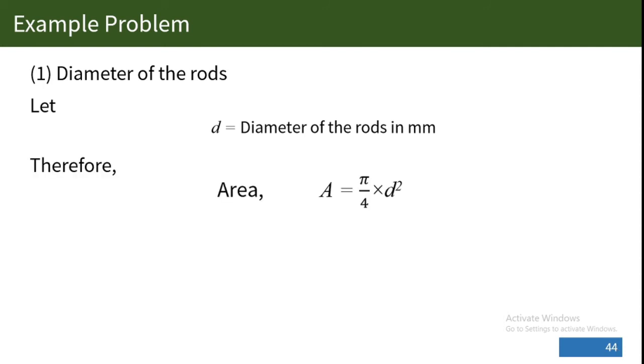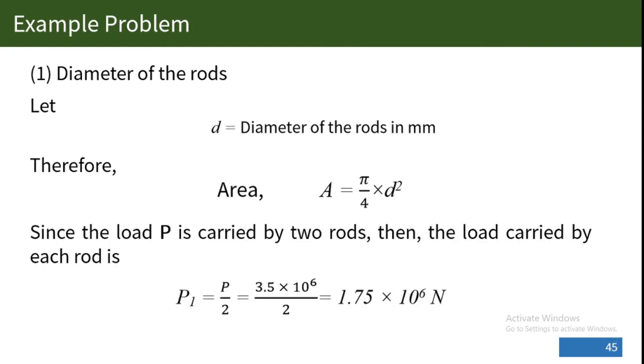From that, we find the area. The rods are in circular shape, thus the formula for the area is that of a circle, equal to pi over 4 times d squared.